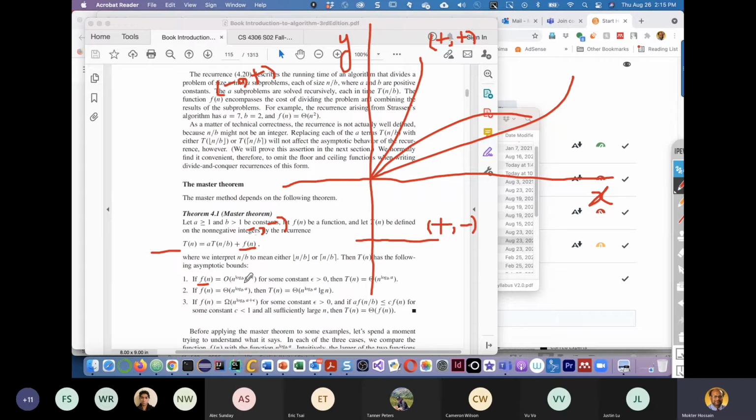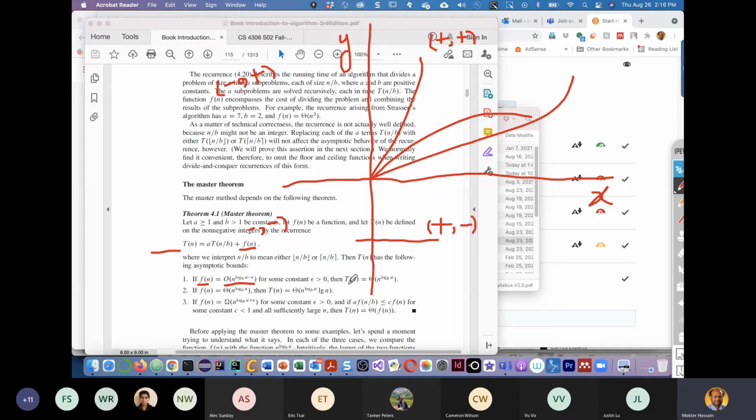In mathematics log is base 10, but in computing we will say lg, meaning base 2. So if f(n) equals big O of n to the power log base b of a minus epsilon, where epsilon is some positive constant. It can be a whole number or a fractional, decimal number.